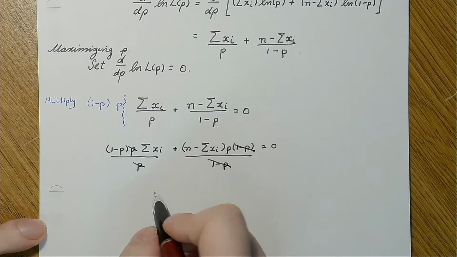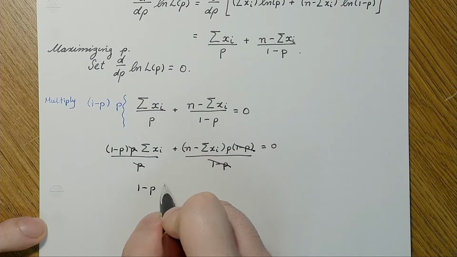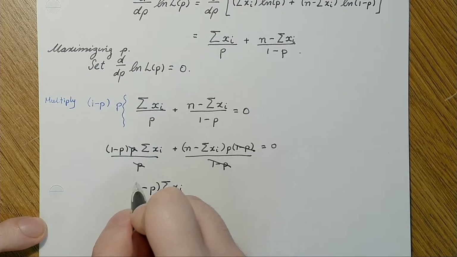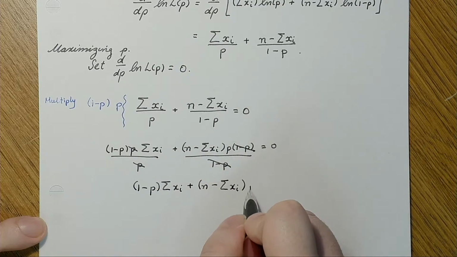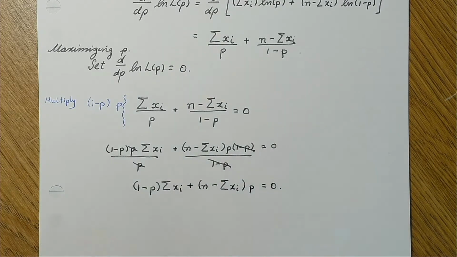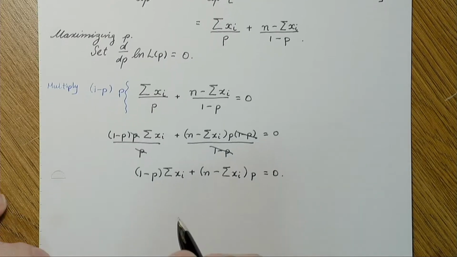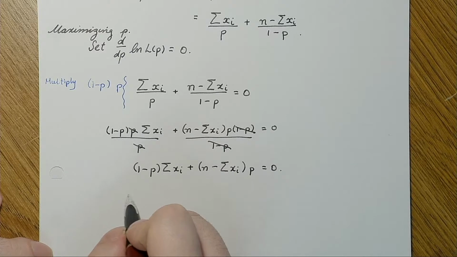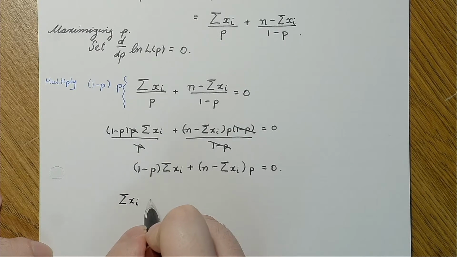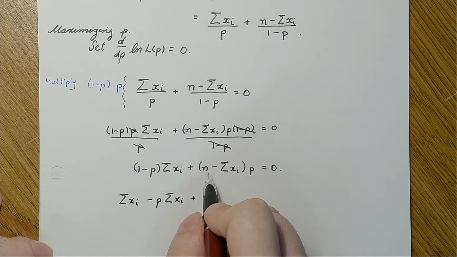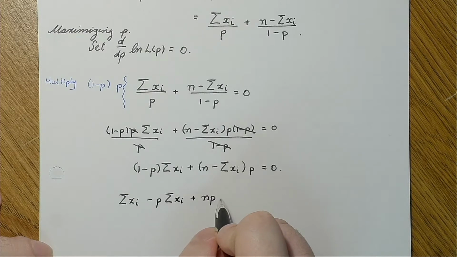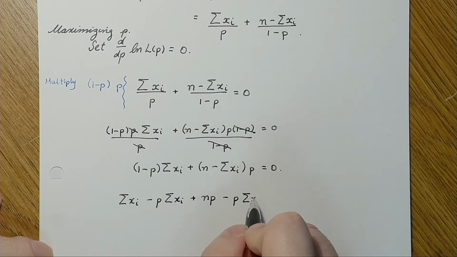So I'm left with 1 minus p times the summation plus. Okay. Then what I need to do is expand that out a little bit. So I'll have the summation here. Then I'll have a minus p times the summation plus, I'll have np minus p times the summation.